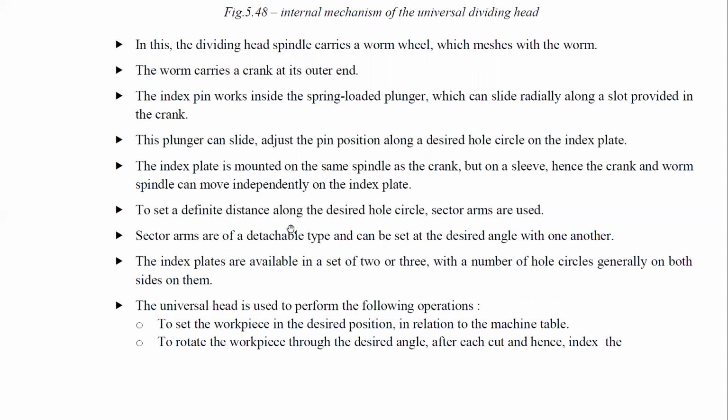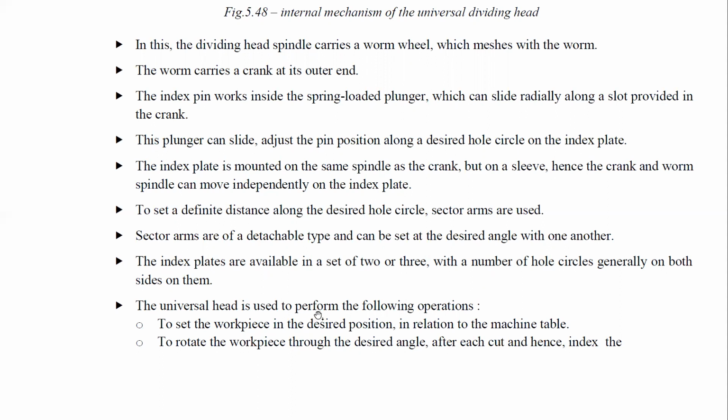To set a definite distance along the desired hole circle, sector arms are used. The sector arms are of a detachable type and can be set at the desired angle with one another. The index plates are available in a set of two or three with a number of hole circles generally on both sides of them.